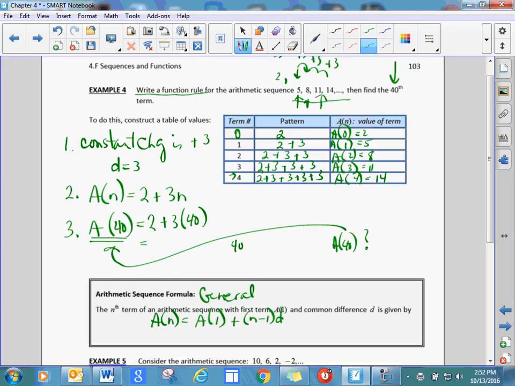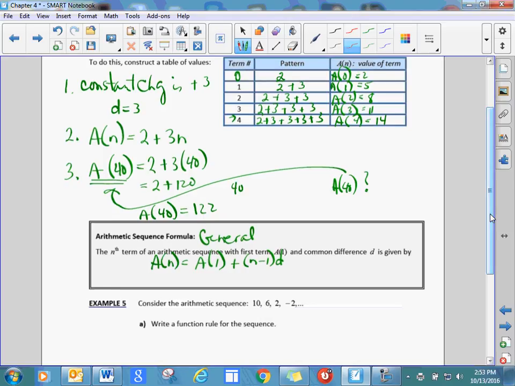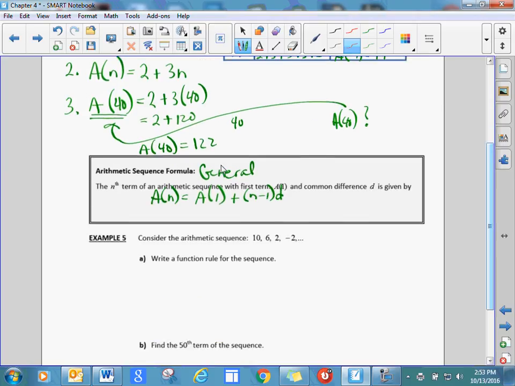So we can do 2 plus 120, and we get a of 40 equals 122. So now we can go back down here to this overall general rule that says, I don't care what your pattern is, I've got a general rule for you where you can find the value of the nth term, any term you want, if you know the value at the first term, and you know the common difference.